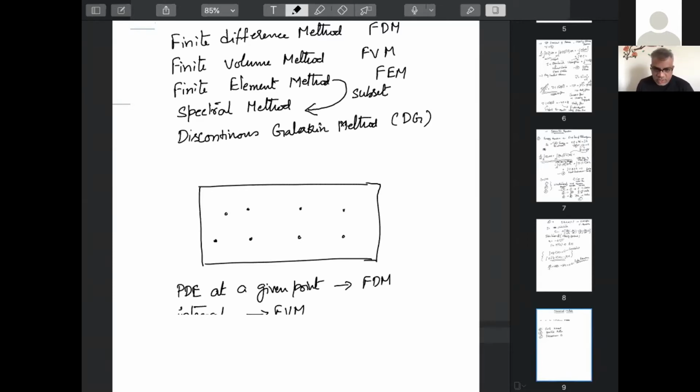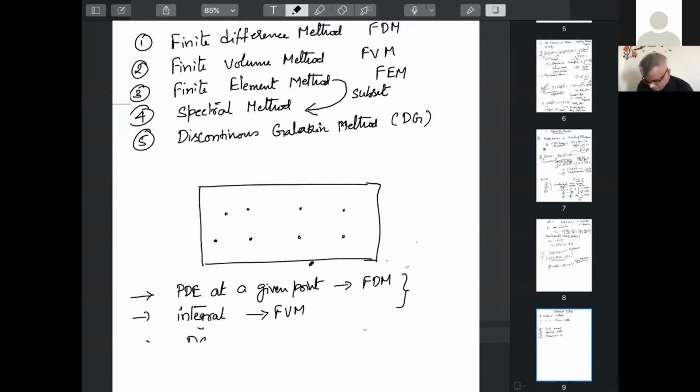Most fluid mechanics problems are solved using FEM and FDM. Currently, the trend is that people are using DG, the discontinuous Galerkin method, to solve fluid dynamics problems. I'm not going into the details of DG. I once attended a course by one of the famous persons in DG, Professor Chi-Wang Shu, in IISc Bangalore.